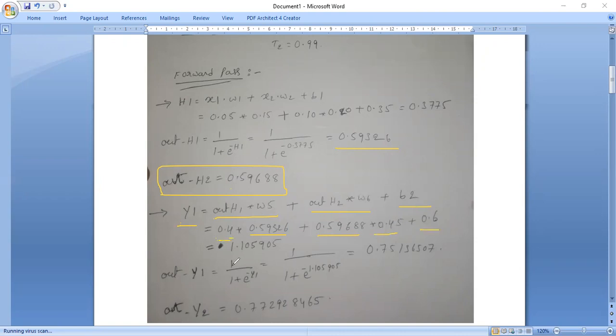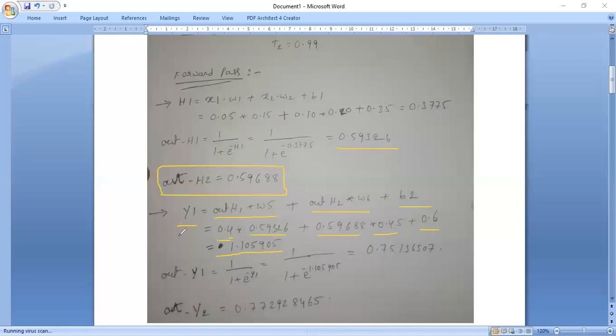Finally we get the input value for y1 as 1.105905. This is the result for the input of y1, or net y1.